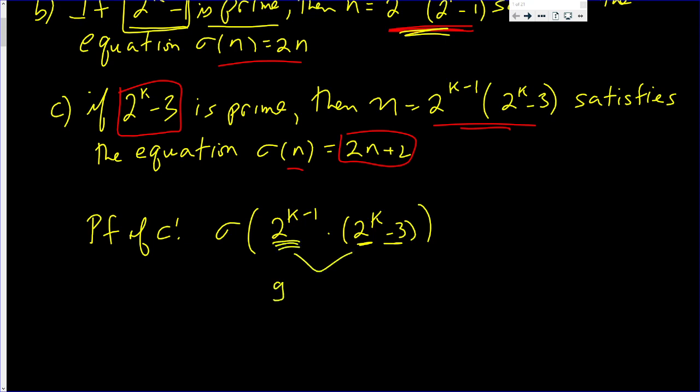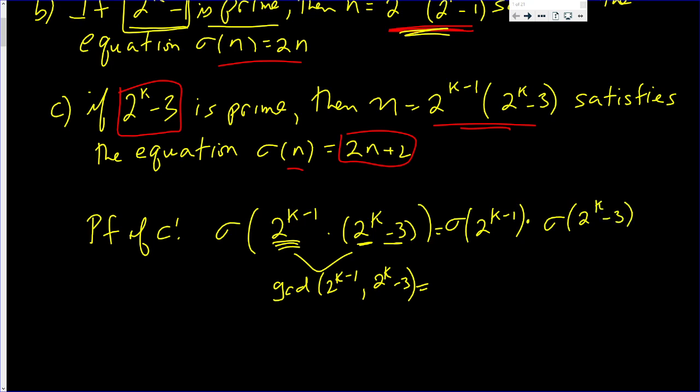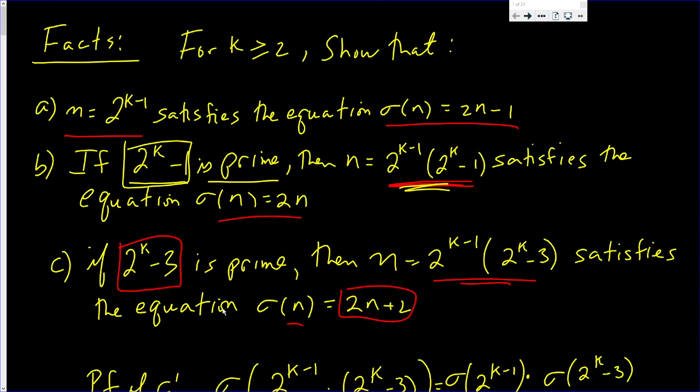So once again, since the GCD of these two numbers is 1, I could separate it. I can take sigma of 2 to the k minus 1 and sigma of 2 to the k minus 3, and I can multiply them. Well, I think we found sigma of 2 to the k minus 1.